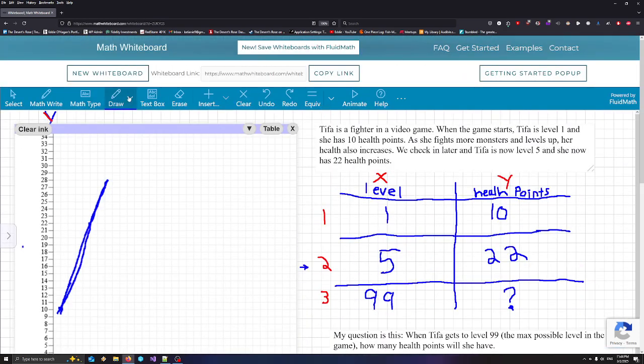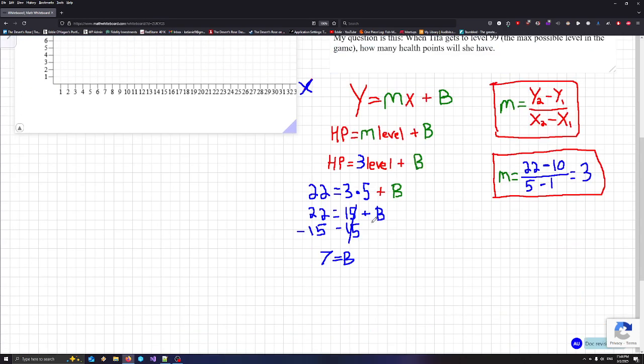So now I should stay consistent with my colors. Hang on. B. You get the idea though. This is our y-intercept. Yeah, thank you. So now we know b equals 7.